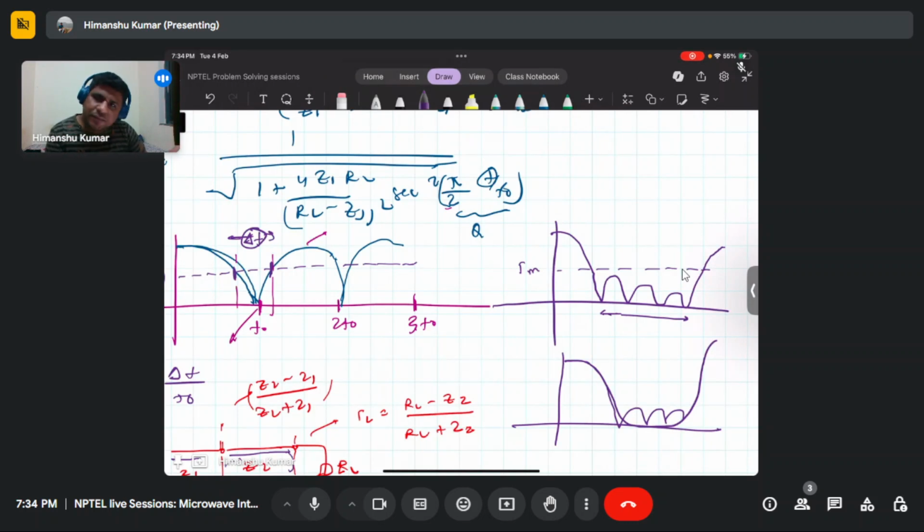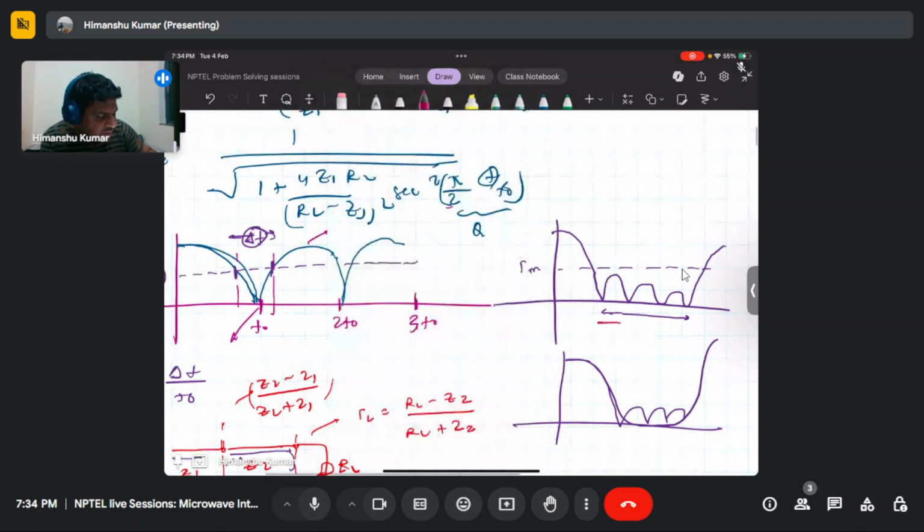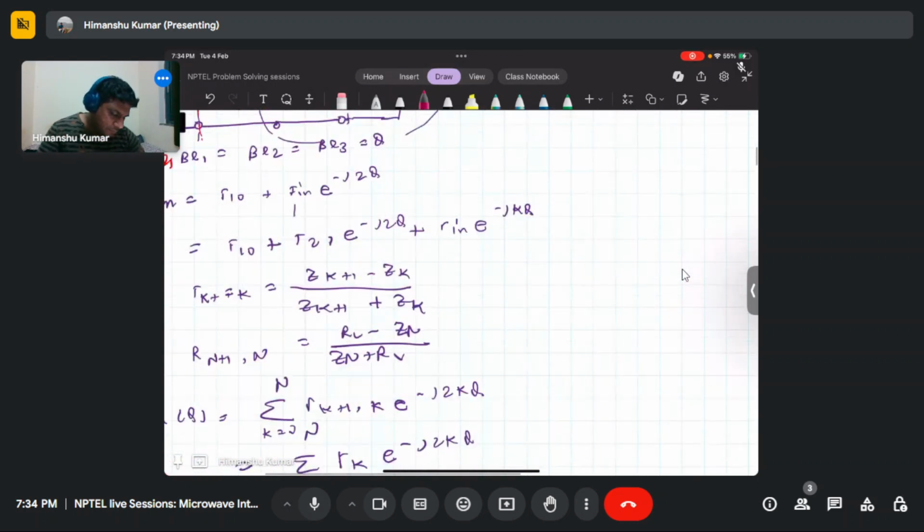If you can tolerate a little bit of ripple in the pass band, which is the frequency range you want to pass, then you can have broadband impedance matching with a multi-section transmission line.